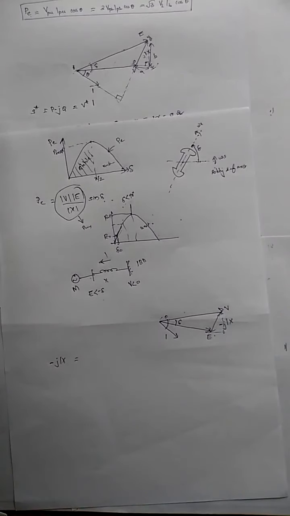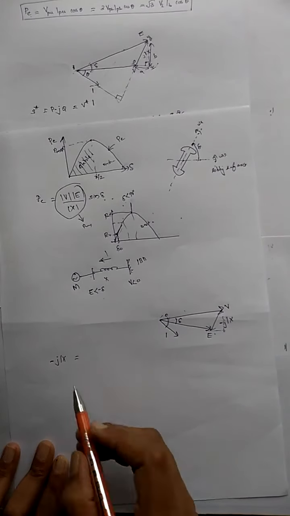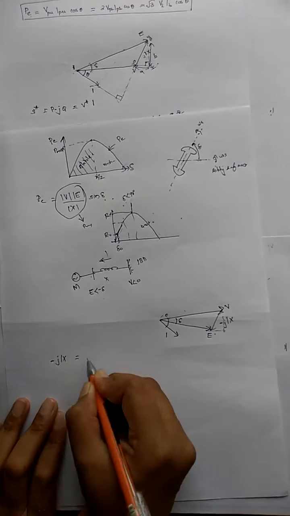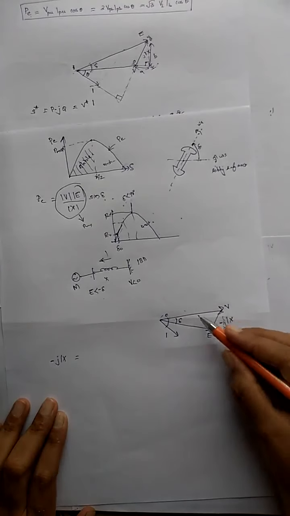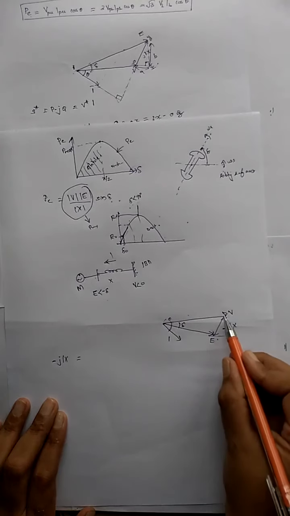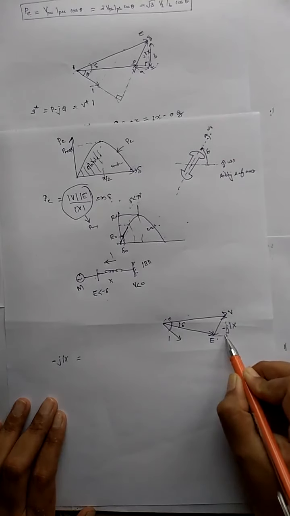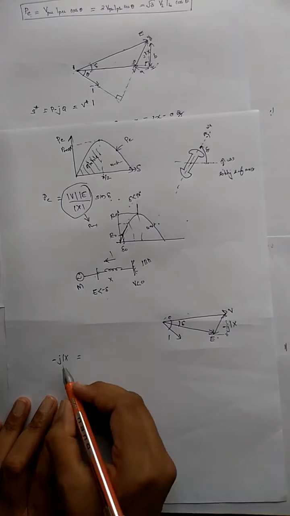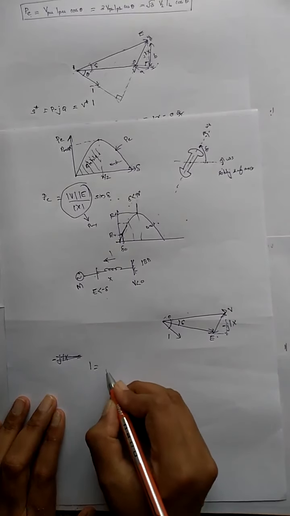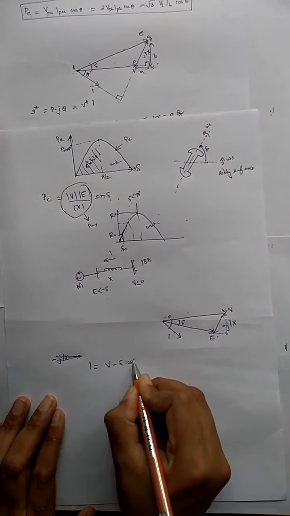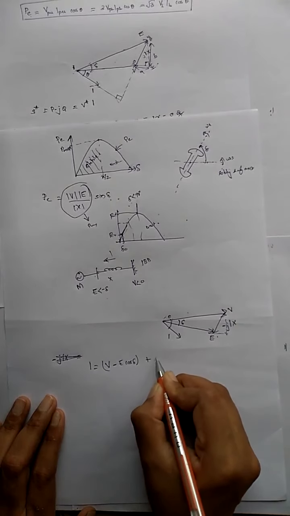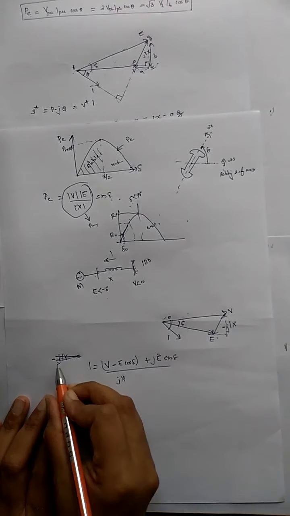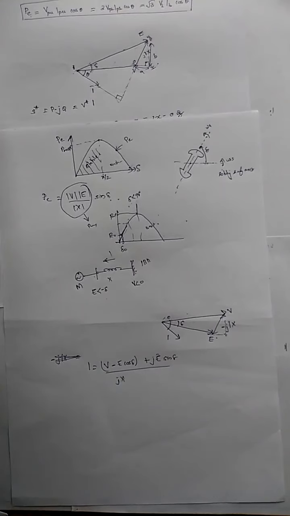Before it was jIX, now it becomes minus jIX, and from this we get V minus E cos delta plus, then this is E sin delta itself. So the current equation will be equal to V minus E cos delta plus j E sin delta, and I have to divide it by jX.